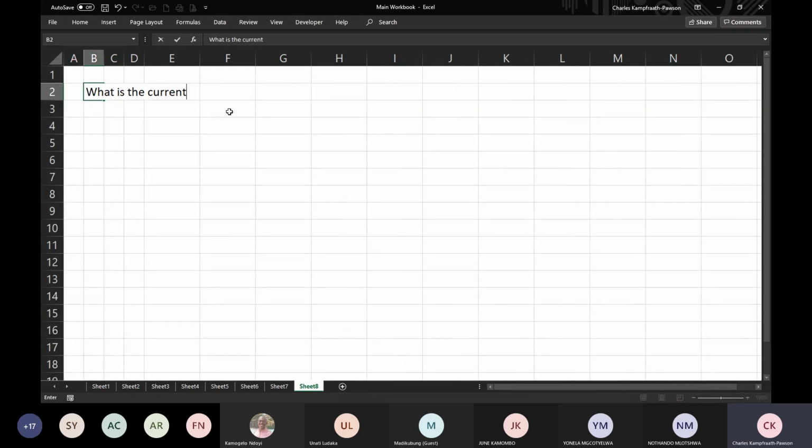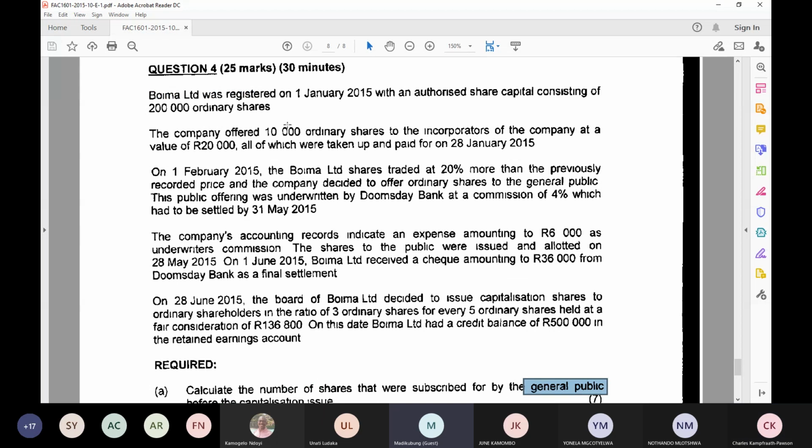What is the current share price? It's 2 rand per share.